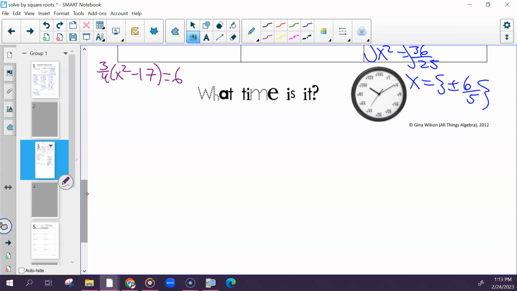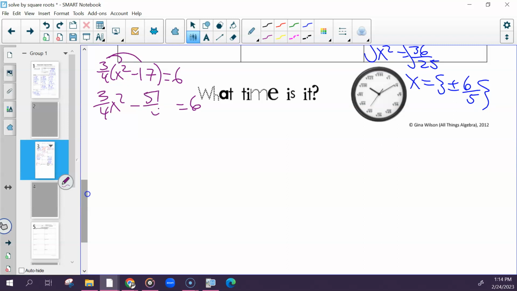Okay, so if we distribute, we have 3/4 of x squared minus, what would that number be? Leave it as a fraction. 51 over 4.